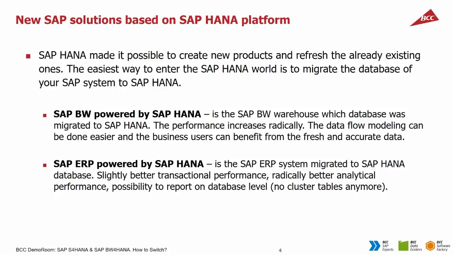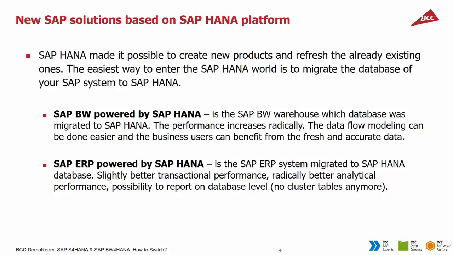So these are two intermediary systems introduced by SAP, and one can easily migrate to them. So that's the advantage of these systems. But these are not the end of the world of SAP.